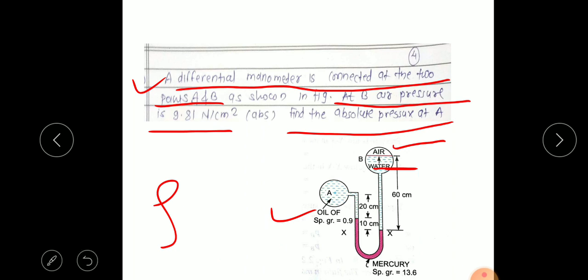Again we require the main data, the H. The difference in the mercury level is 10 centimeter, and in the left column the liquid above the mercury level is 20 centimeter, that is X, and above the mercury level it is Y.